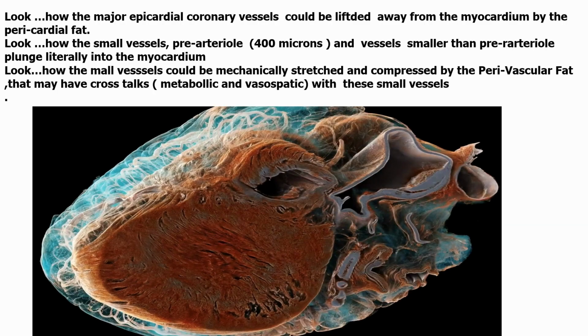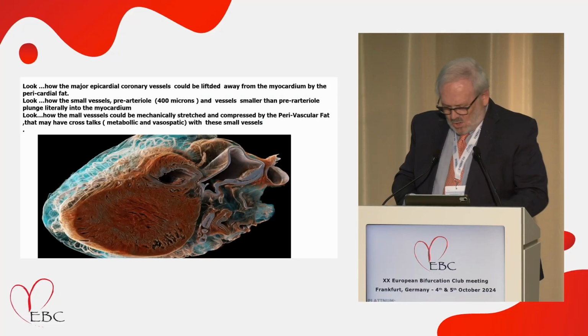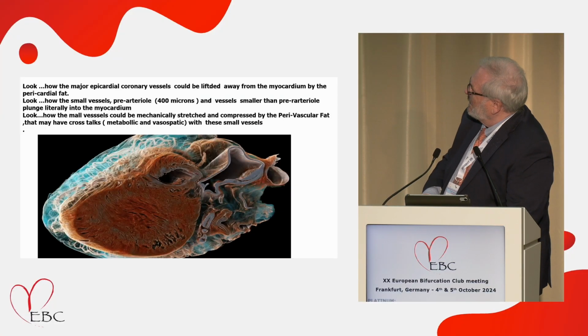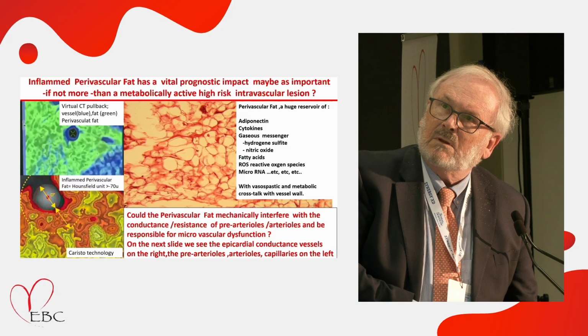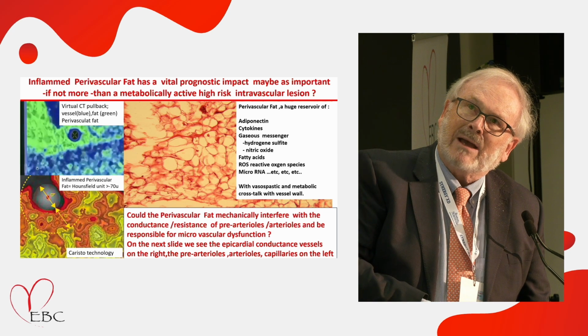When you think about microcirculation, I always thought it was in the myocardium. But now I realize that the fat surrounding the heart can collapse and compress all these small vessels. For me, it's a really new concept.